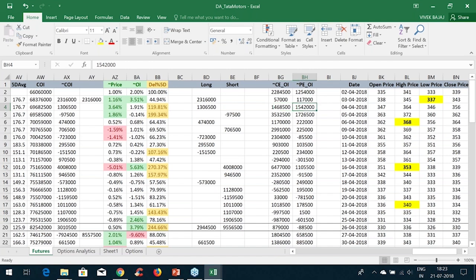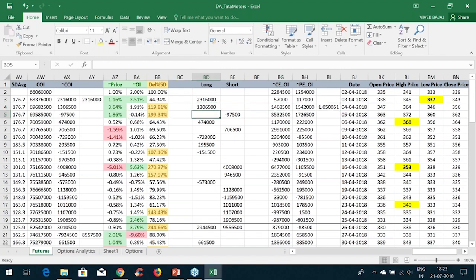Typically change in open interest of put should be much more than change in open interest of call. In short, put call ratio should be at least 2, but इस केस के अंदर में खाली 1 है. That means this increase in long position has to be seen in a very very cautious note.